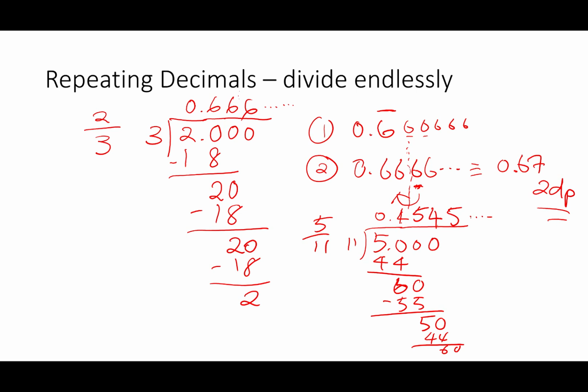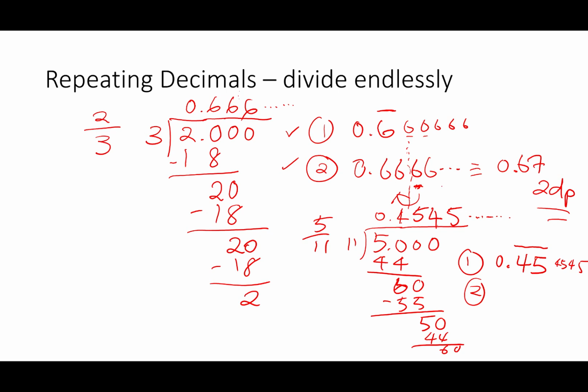So how do we deal with this forever number? Again, we can use these 2 methods. For the first method, we can write 0.45 with a bar over 45. This means 45 is repeating forever. Another way is we round it up to the appropriate number of decimal places.